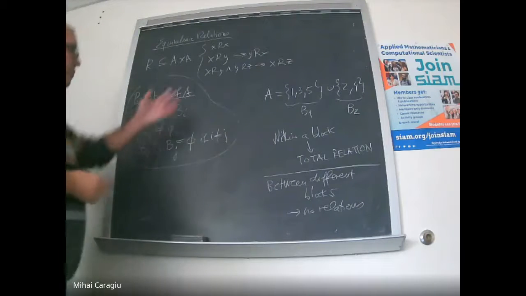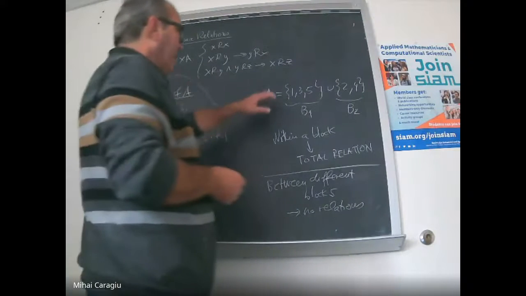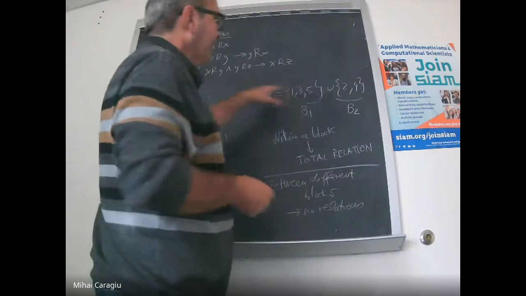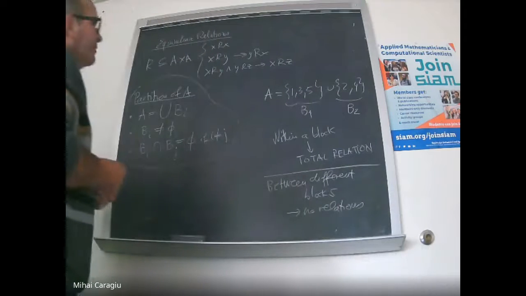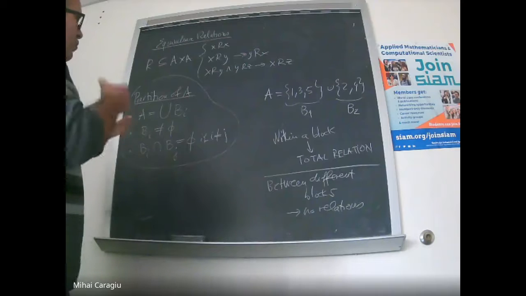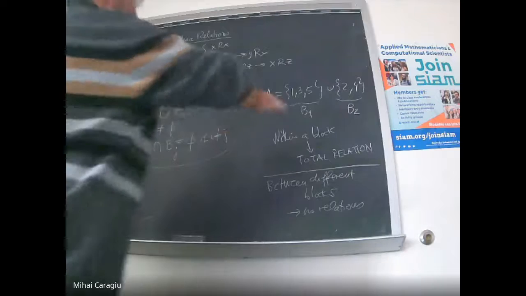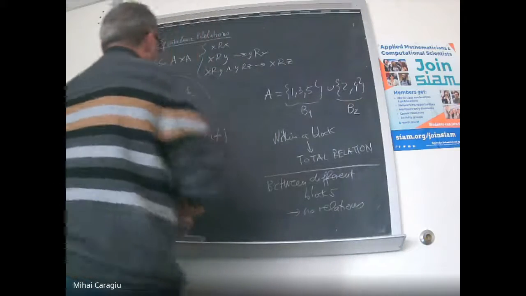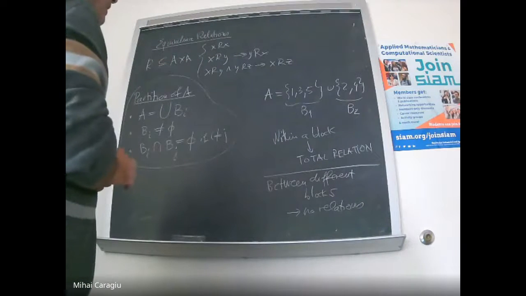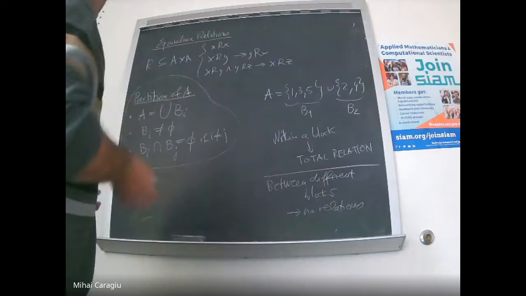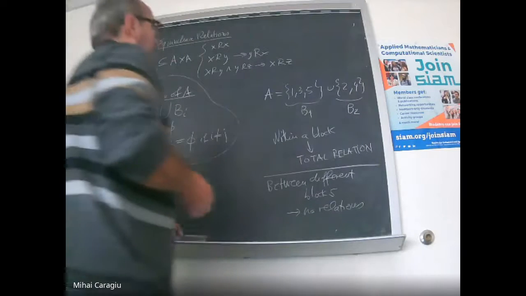So what we got here is that whenever we have an equivalence relation on A, as we've seen through an example, the set splits into a disjoint union of non-empty blocks. So this would be block 1, block 2 in this case. In general, every equivalence relation on a set A induces a partition of A. Right?